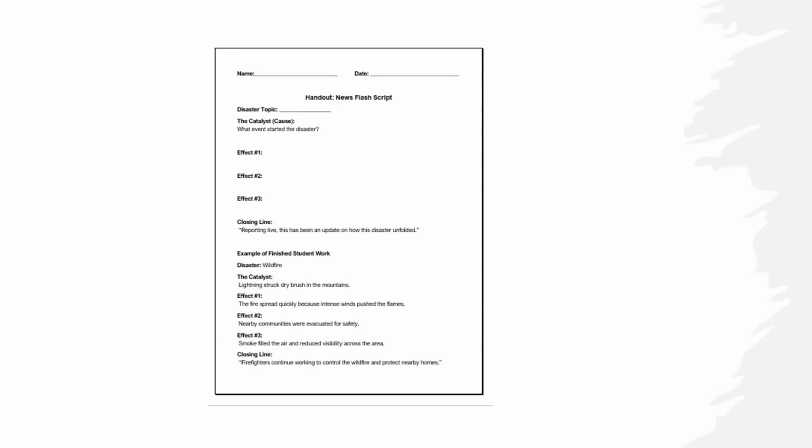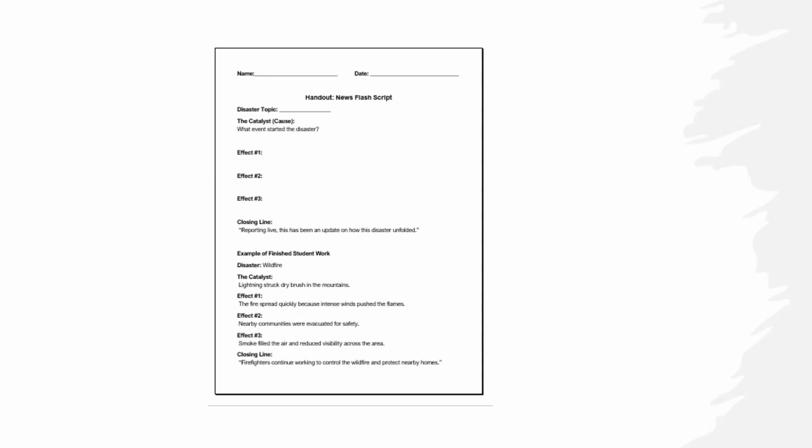This one is the newsflash handout. This is the one that they were doing during the newsroom activity, and it started with giving me a catalyst, a cause, which action, and in return what event started a disaster, and the students just describe three facts. That's all I'm asking for.